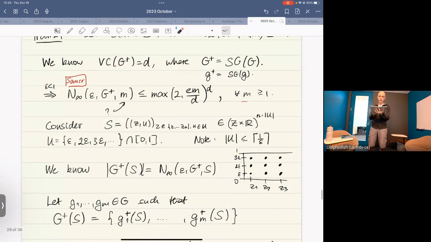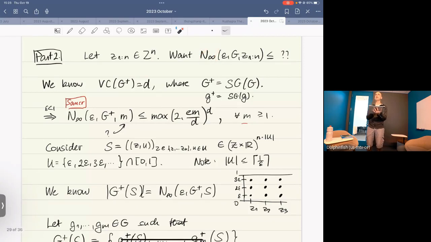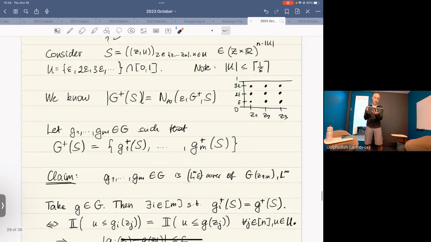And so what does the cover do? Well, because this is L infinity and epsilon is smaller than 1, recall that the cover has to reproduce the behavior at all the points that we are considering, all the points in S. So if you take how the G plus, the subgraphs, behave at these points S, then there are these functions, G1 to Gm.